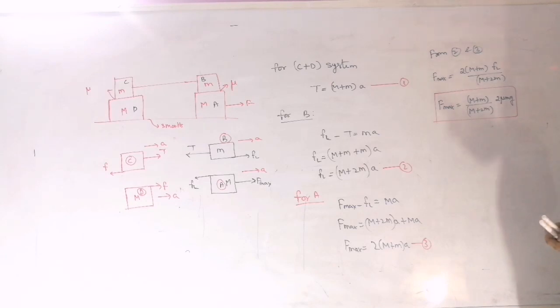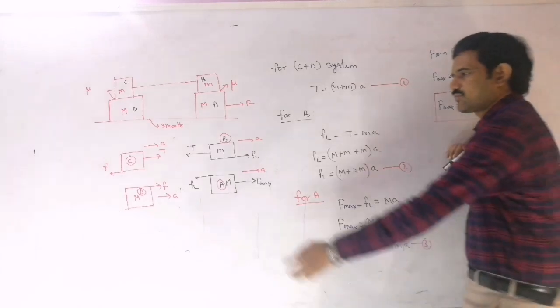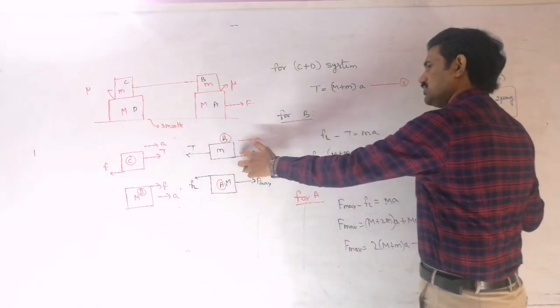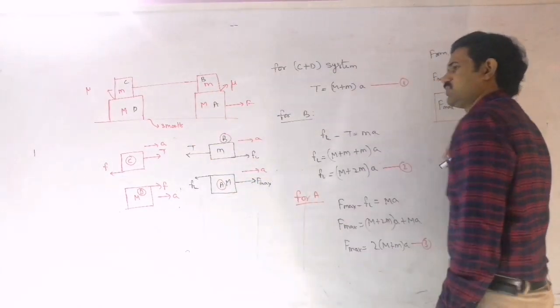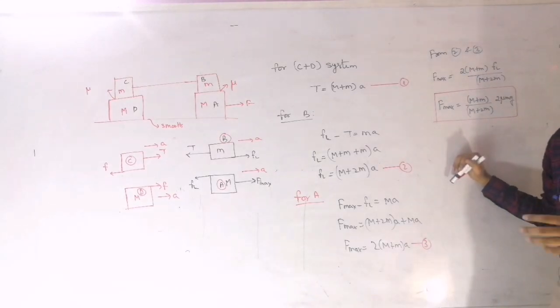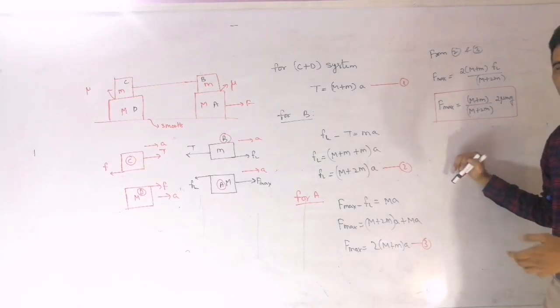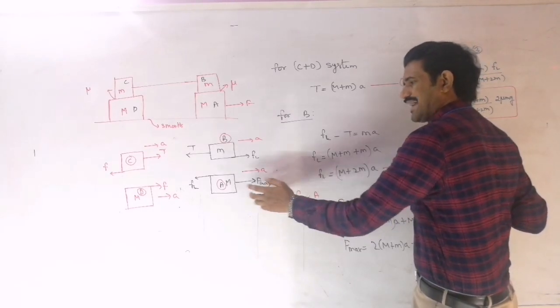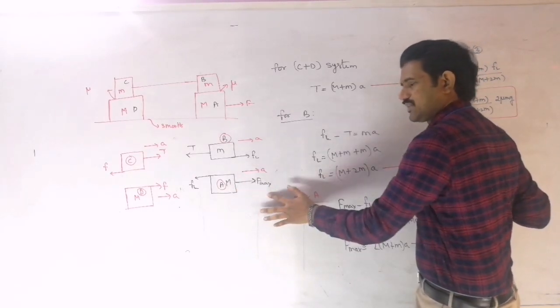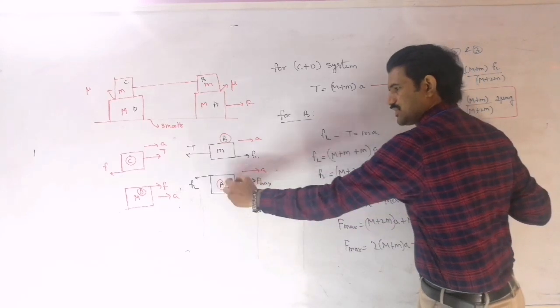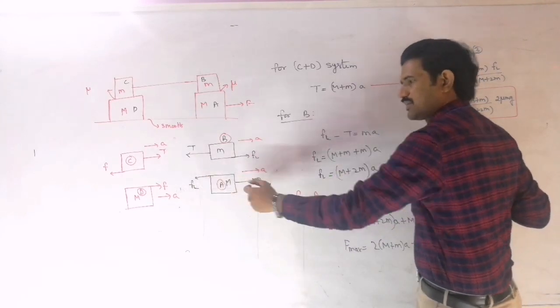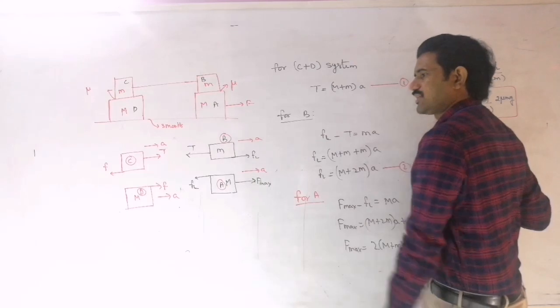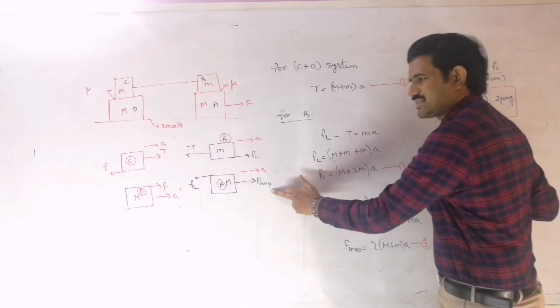Once this force is more than that, the acceleration of this block will be different and the acceleration of the other blocks will be different. That means the common acceleration situation won't be there. If you increase this force, the acceleration of this block only will increase, because the limiting friction has already reached its maximum value.